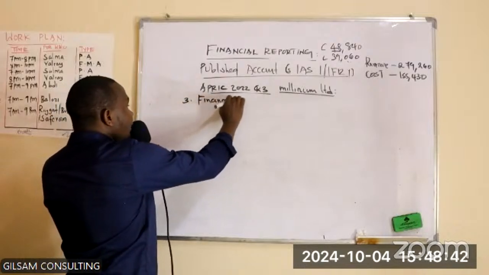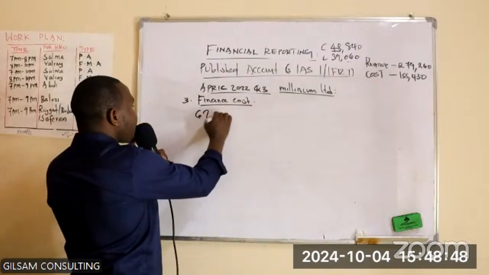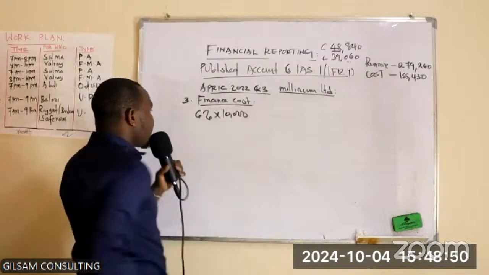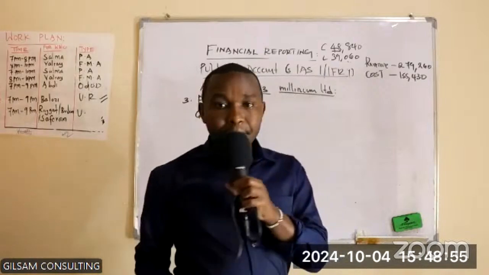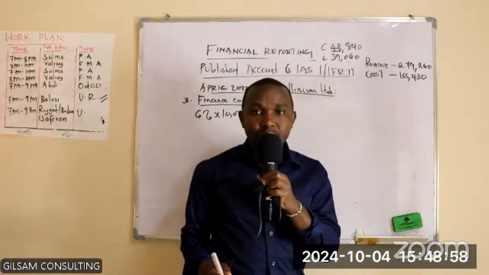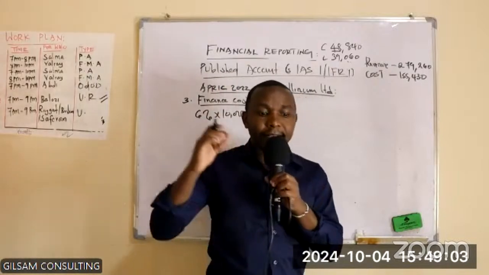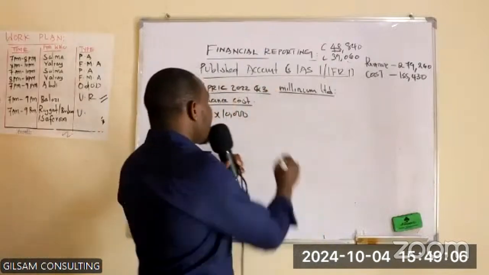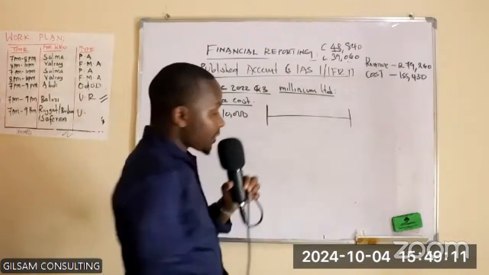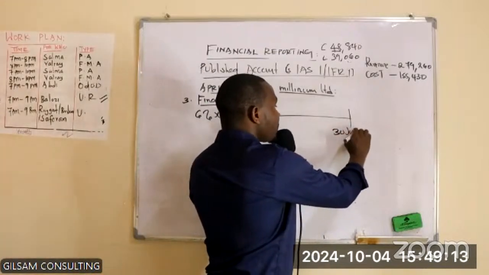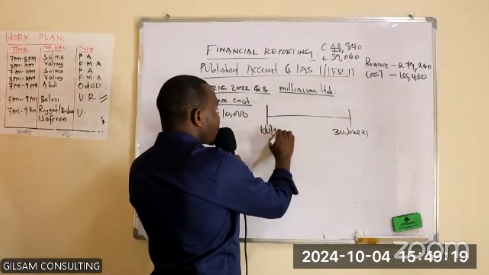Finance cost. So we have the debenture, which is 6% of the value of debenture. I can see 10,000, but we have been told it was paid semi-annually. And when was this debenture issued? It was issued on 1st October 2020. Remember, if you draw the accounting period here, we are ending these books on the 30th June 2021, which means we started on 1st July 2020.